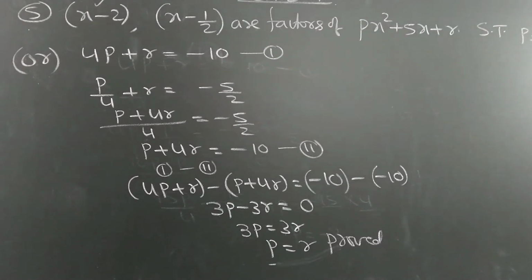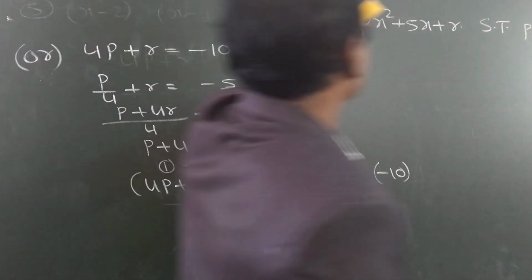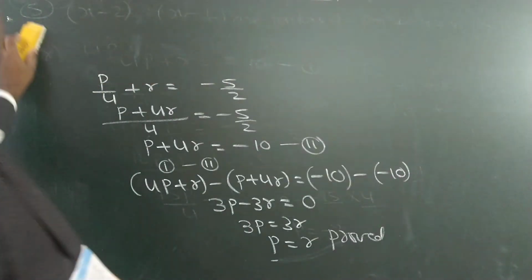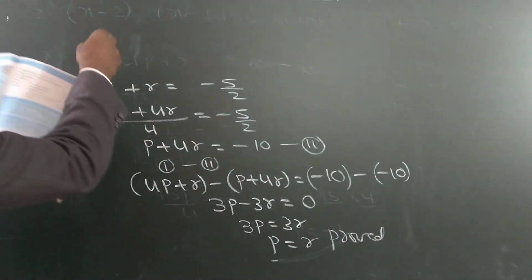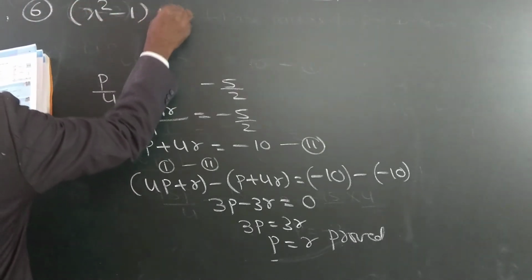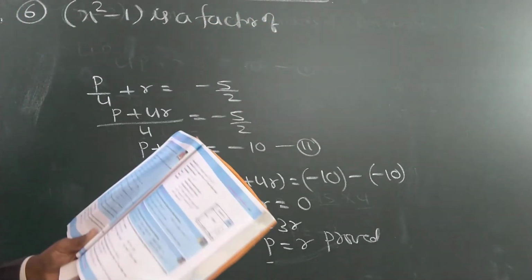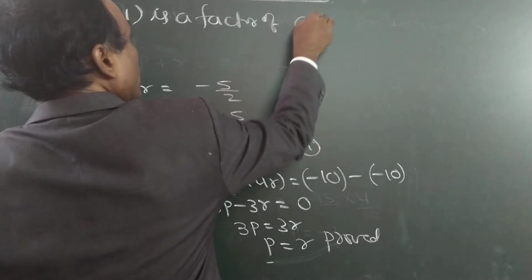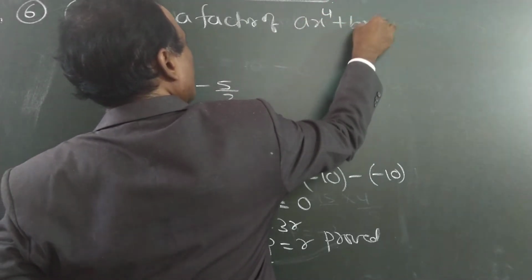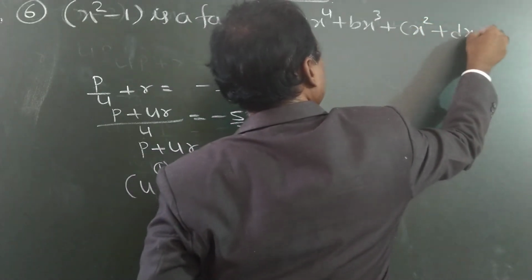After completing this, sixth one. X square minus 1 is a factor of ax power 4 plus bx cube plus cx square plus dx plus e. All are important problems.